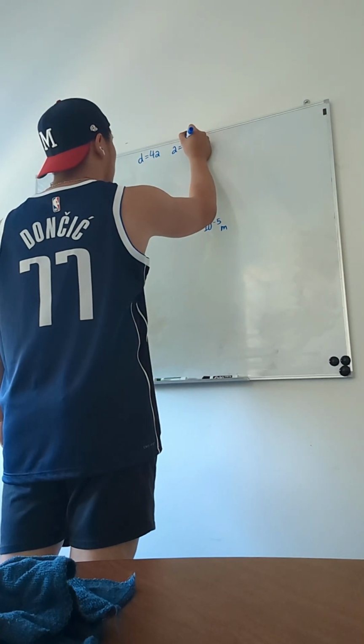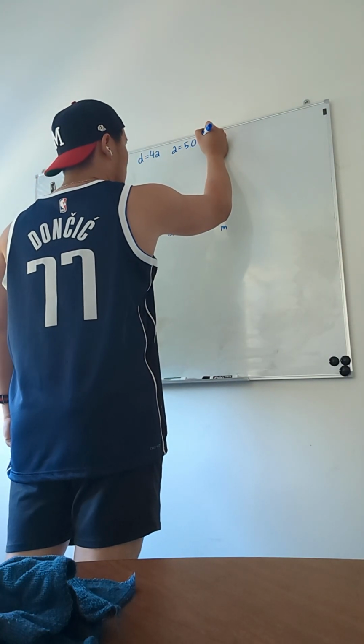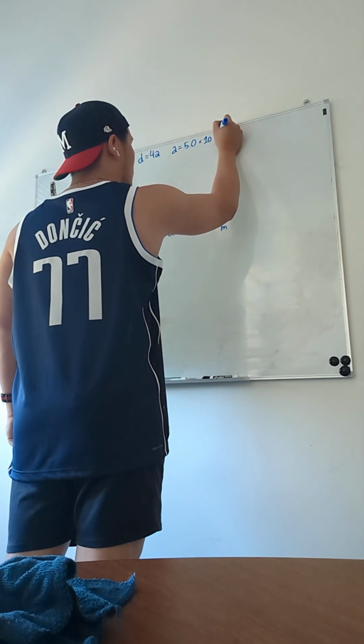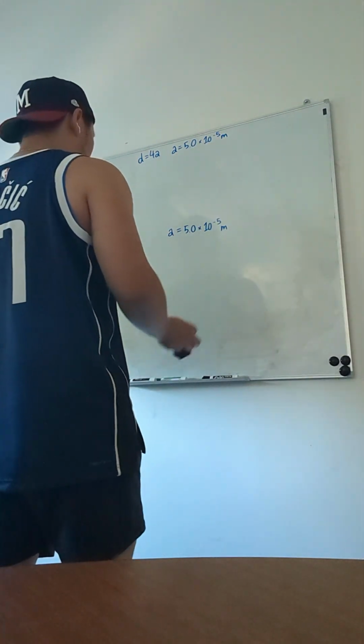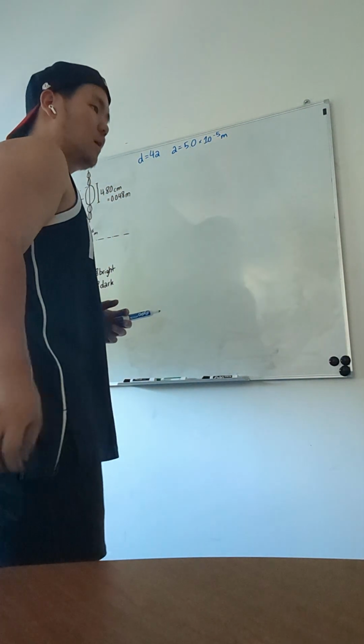A equals 5.0 times 10 to the negative fifth meters. Now, let's use that A to find the value of lambda.